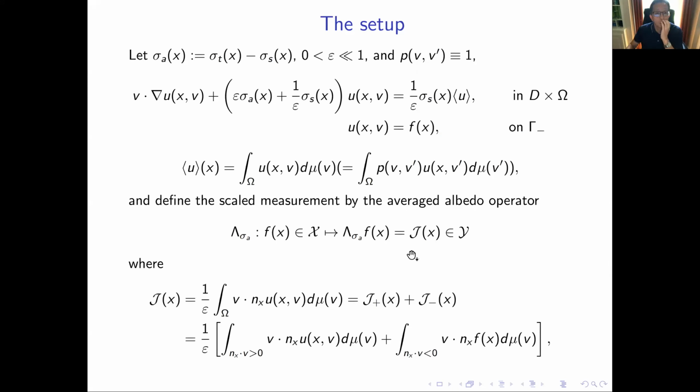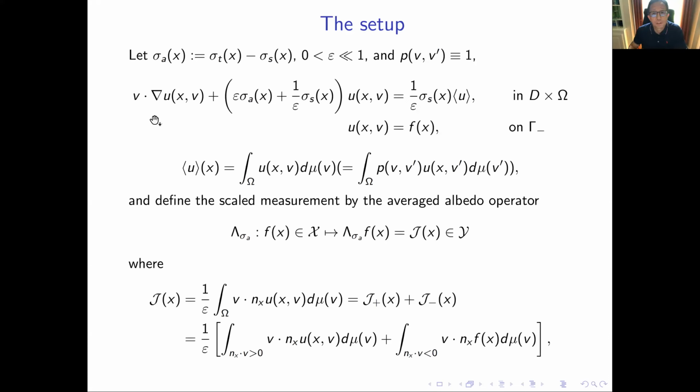So here we are interested in the case where, suppose I know the scattering coefficients, and I just want to recover the absorption coefficient. Even then, we will have that type of stability or instability estimate.